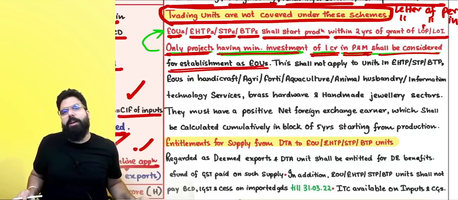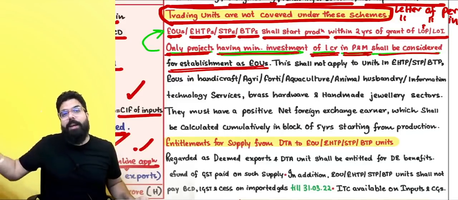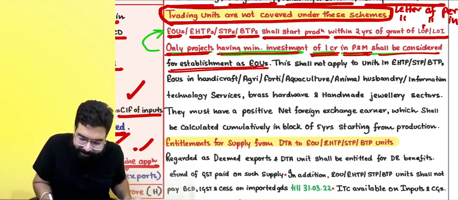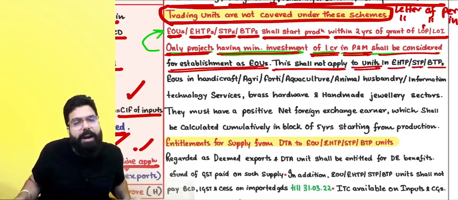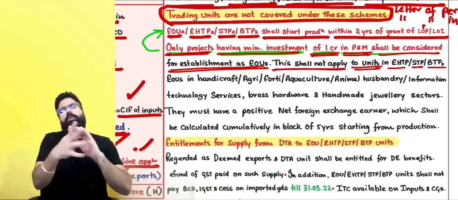Only then they will go ahead and give you an EOU ka license. And EOU ka license, the benefit is inputs, capital goods, no custom duty to be paid. This shall not apply to units in ESTP, Software Technology Park, Biotechnology Park. Just imagine, I am into Software Technology Park.